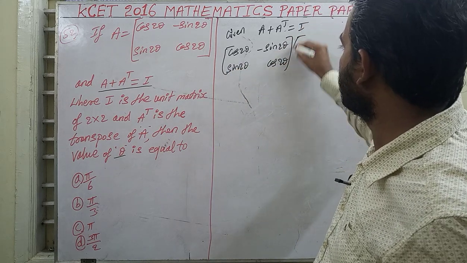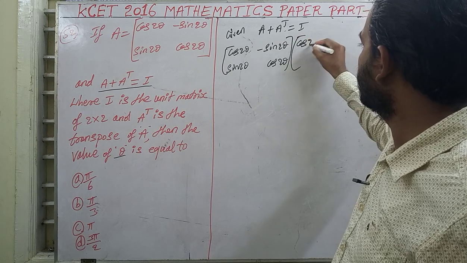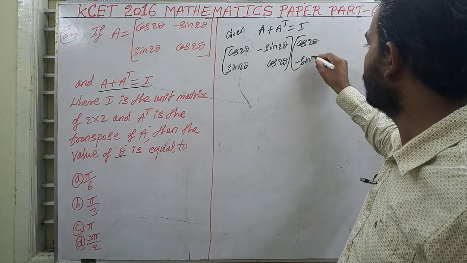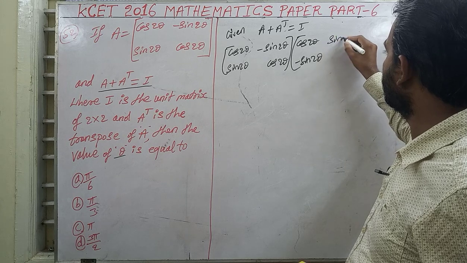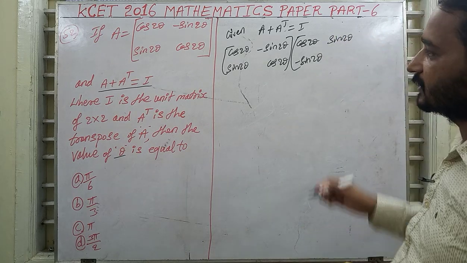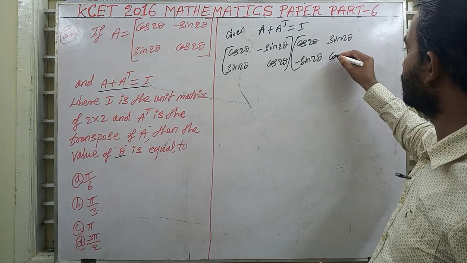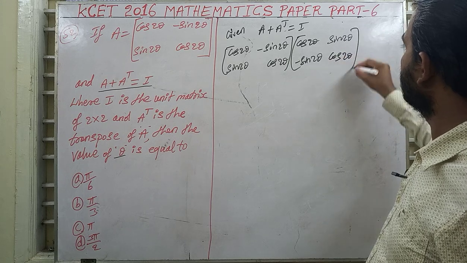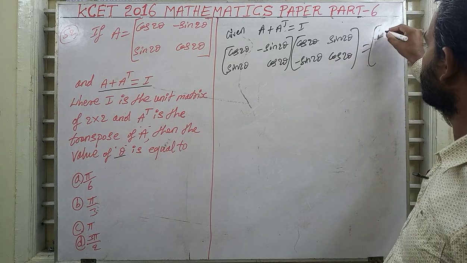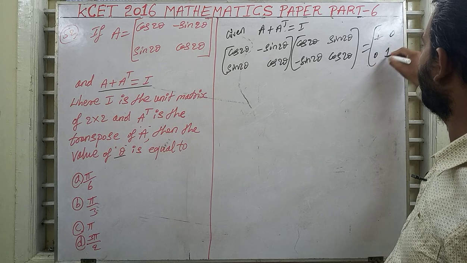A transpose is cos 2 theta, sin 2 theta, minus sin 2 theta, cos 2 theta, just interchanging rows and columns. This is equal to the 2 cross 2 identity matrix 1 0 0 1.